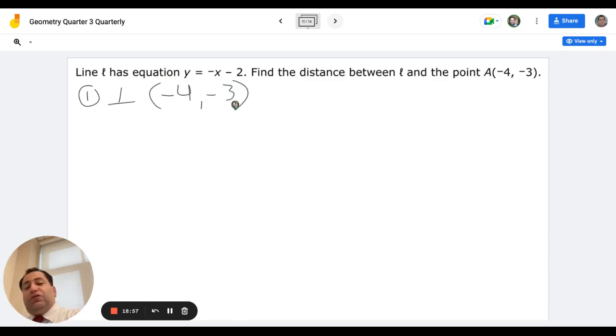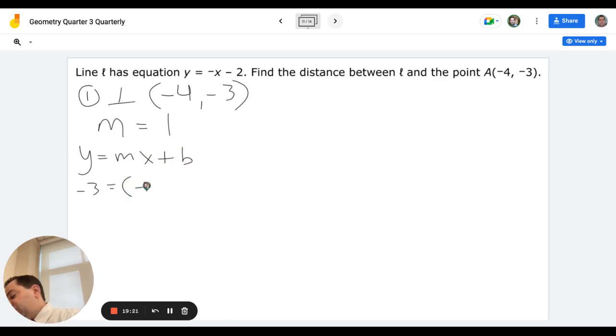All right. So a perpendicular line to y equals negative x minus 2 is going to have a slope of positive 1, right? Because the slope that is given to us is negative 1. Opposite reciprocal of negative 1 is positive 1. So we know y equals mx plus b. Okay, I know y is negative 3. The slope is positive 1. X is negative 4. And we're trying to solve for b.